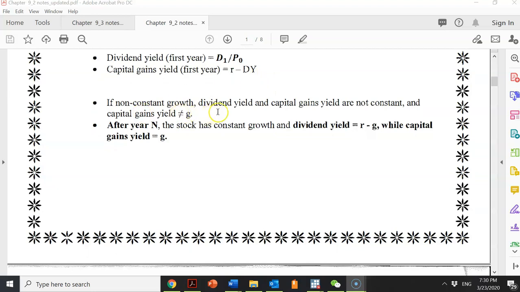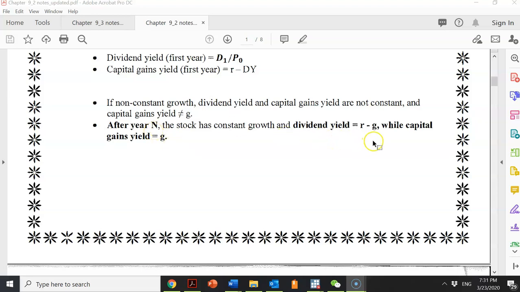If non-constant growth, dividend yield and capital gains yield are not constant, and capital gains yield doesn't equal G. However, after year N, the stock has constant growth, and dividend yield equals R minus G, while capital gains yield equals G. So even though this is a non-constant growth model with two stages, it's usually in the second stage that the firm becomes mature and stable, and we have a constant growth of G after N years.